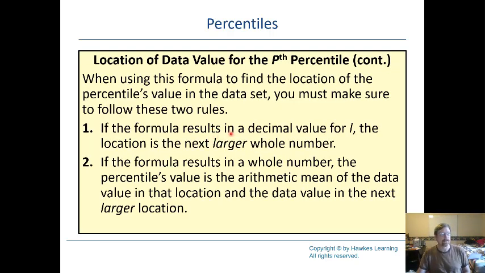I cannot have less than whole numbers of where something is in the list. I can't look at item 2.5 on my list of 5 items, right? So if I'm on my list of 5 items and I get a 2.5, then I would use item number 3, the next larger whole number.